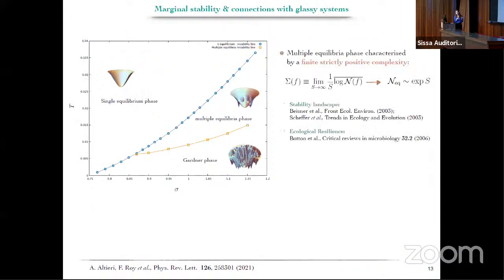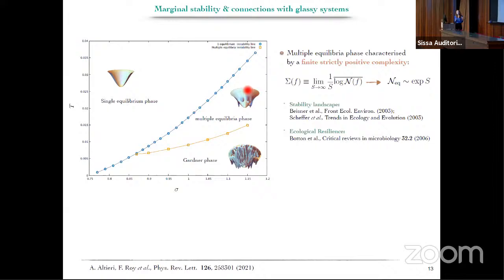Another important question that we can ask is how many equilibria are there? How many equilibria are in this multiple equilibria phase? Well, to probe better the features of this intermediate phase between the blue and the orange line, I also focused on the computation of what is called the complexity or configurational entropy.